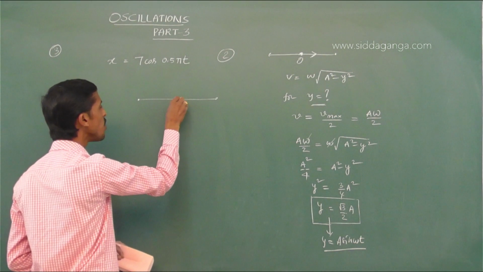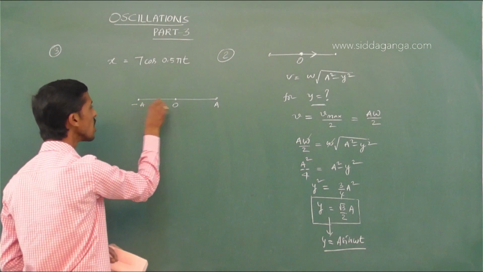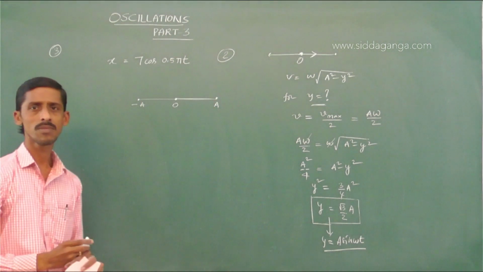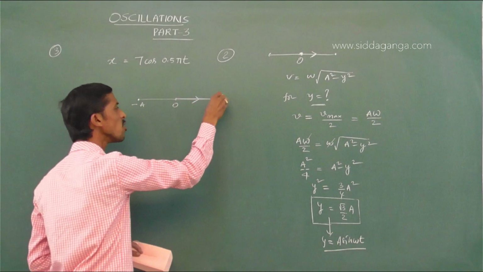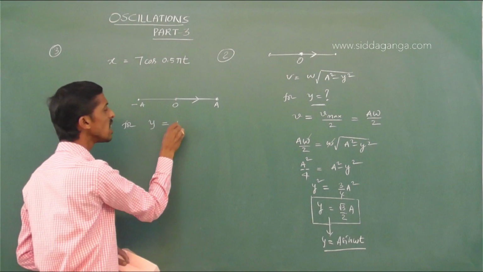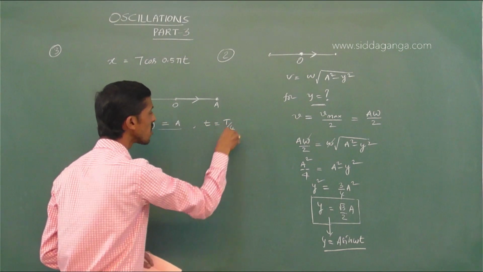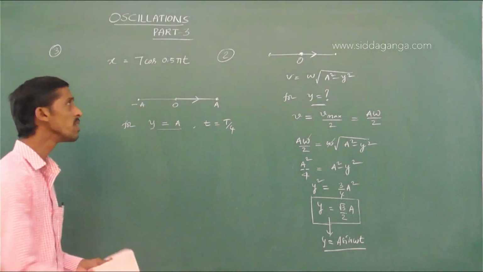For a particle in simple harmonic motion, the time taken to complete one oscillation is T. The time taken to go from the equilibrium position to maximum displacement, that is for y equal to A, will be T by 4. Simply, the question is what is the value of T by 4?